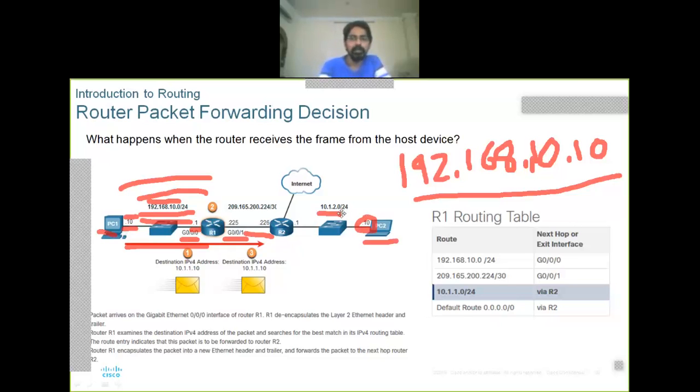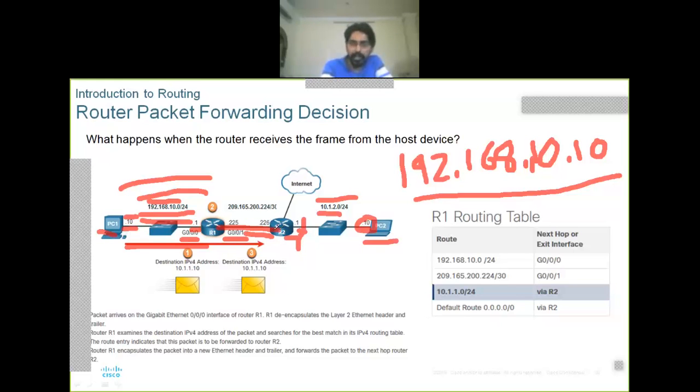This is the network portion, the route. So what is the IP address of the R2 second interface? The IP address of this second interface of R2 is 10.1.2.1.